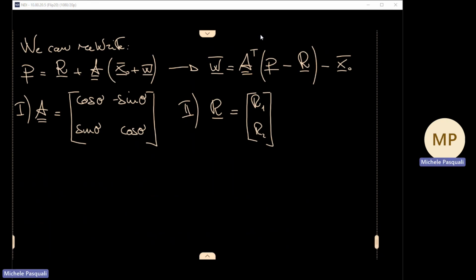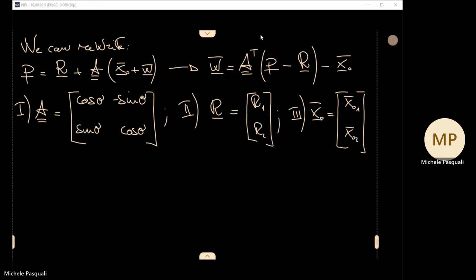X0 also we have it. There will be X01 and X02. What does it mean that we have it? It means that it's up to us to choose the values.